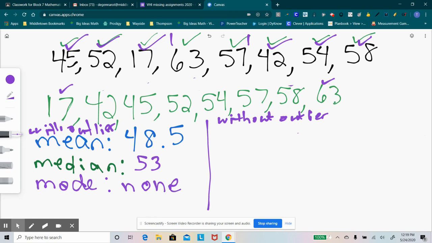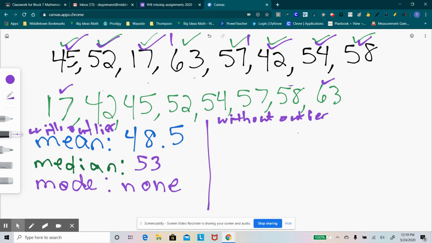Okay, so we need to figure out what the outlier is, and you should have learned in previous videos that an outlier is a value that is far away from the data set. It can be in clusters, like you could have a group of clusters and a big gap and have an outlier in between. But reality is it's usually very, very far away at the beginning, or very, very far away at the end of your data set.